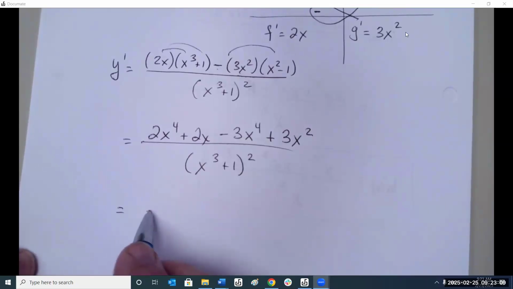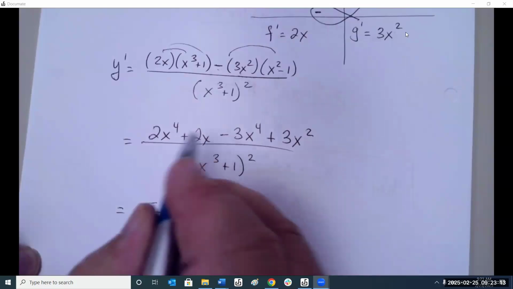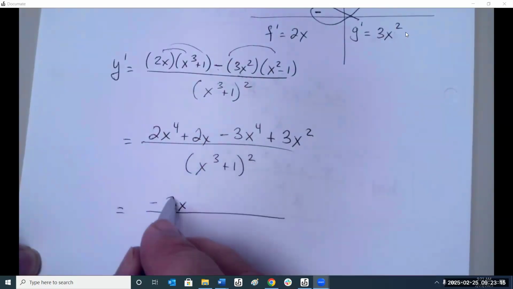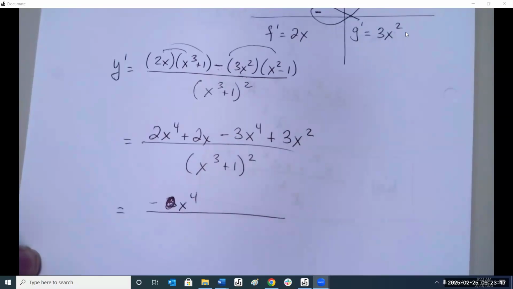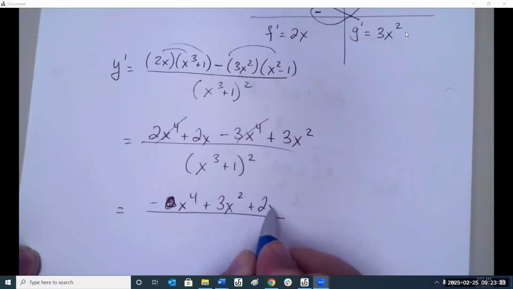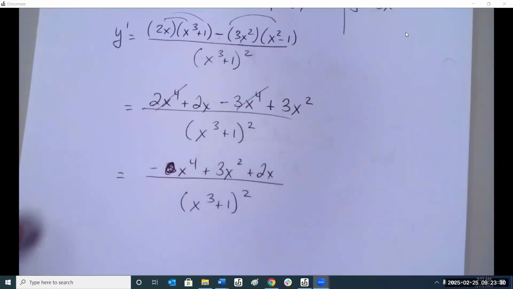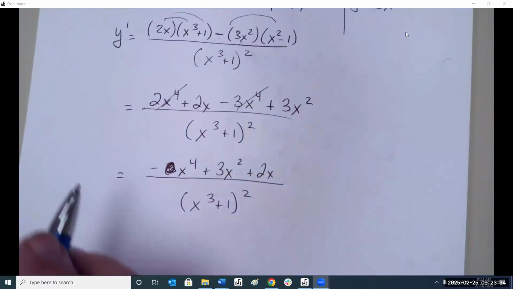And combine like terms. 2x to the fourth minus 3x to the fourth is negative 1x to the fourth plus 3x squared plus 2x. And there's our derivative.